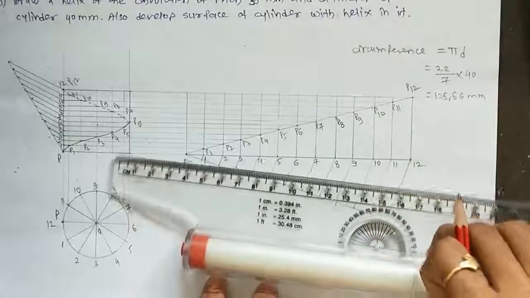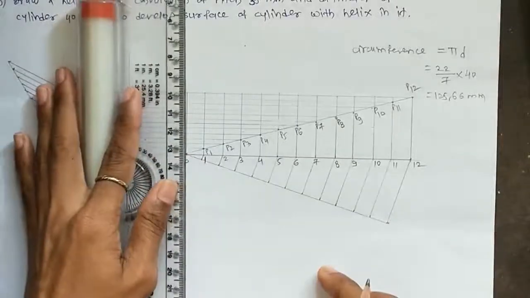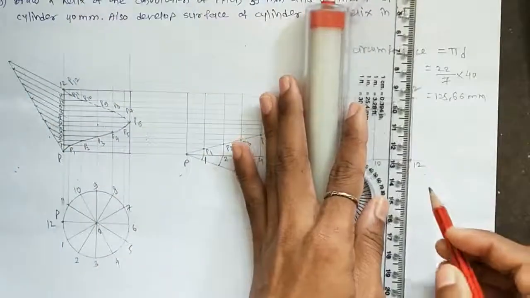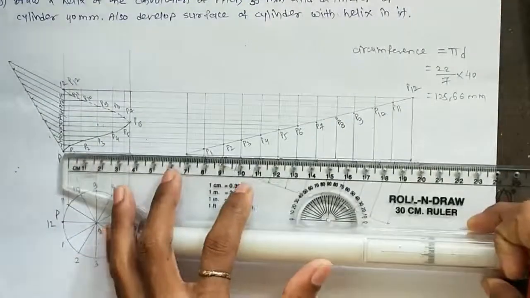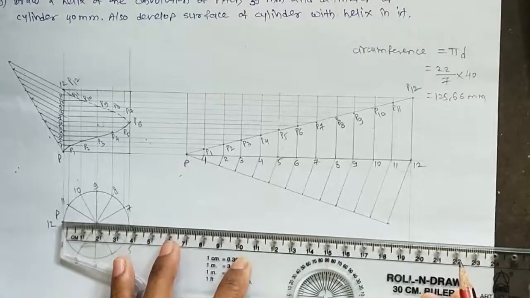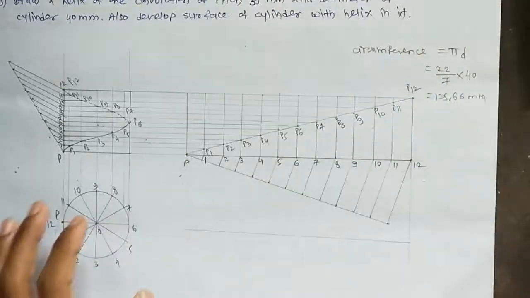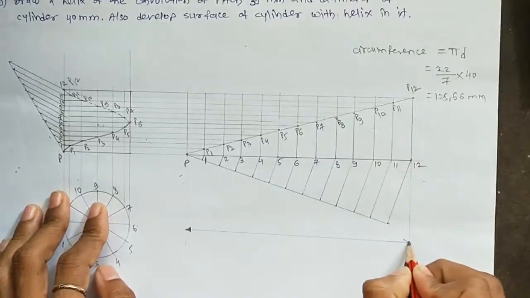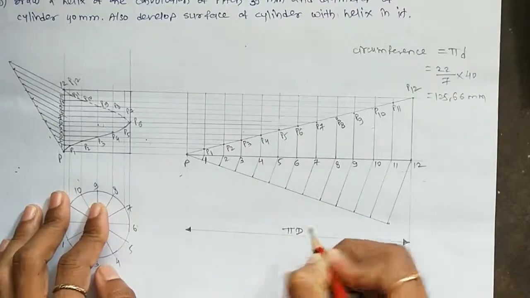Now show this distance as pi d, as we will show it as a dimension. So I will take a parallel line to this horizontal line and show this distance as pi d.